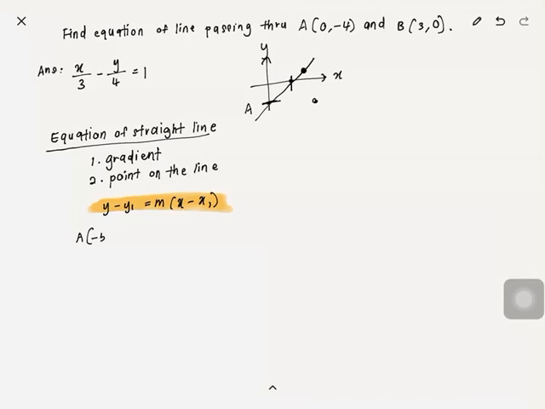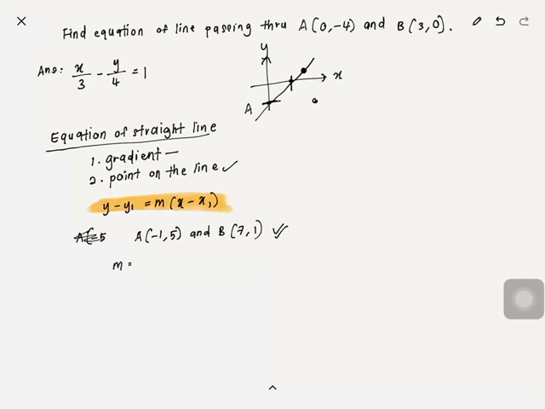So now, for example, you are supposed to find the equation of the straight line passing through A, which is (-1, 5), and B, which is (7, 1). So you need two things to find the equation of a straight line. You have a point on the line, you have 2 points actually, so that's done. But now you need the gradient.